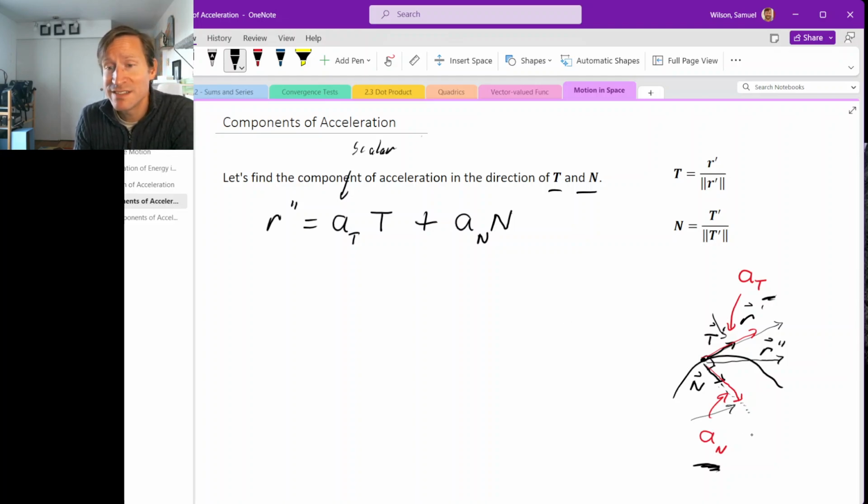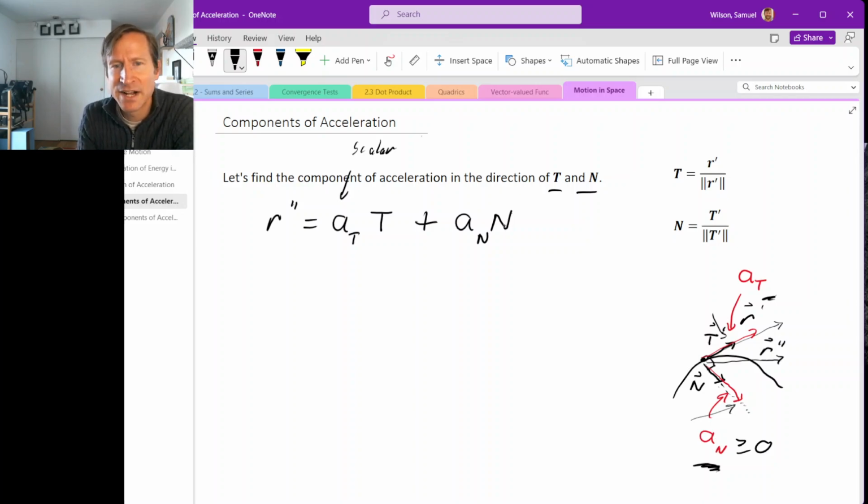One thing to note here is that a sub n is always greater than or equal to 0. It can never be negative, because the normal vector is always pointing into the turn, and the acceleration also always points into the turn. That's kind of the definition of into the turn. So our function a sub n will always be positive.